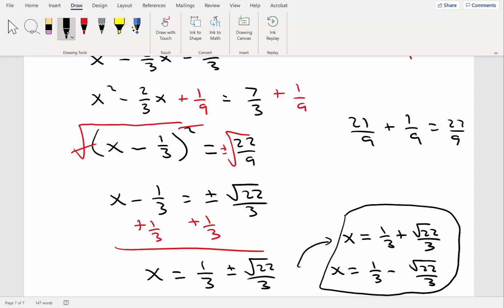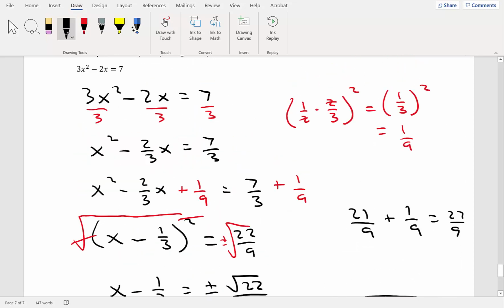Now the reason why we have this method for solving quadratic equations is because we won't be able to factor out every problem that's given to us. However, that doesn't mean that there isn't a solution to that equation. So we have this other method that we can use to solve that equation.